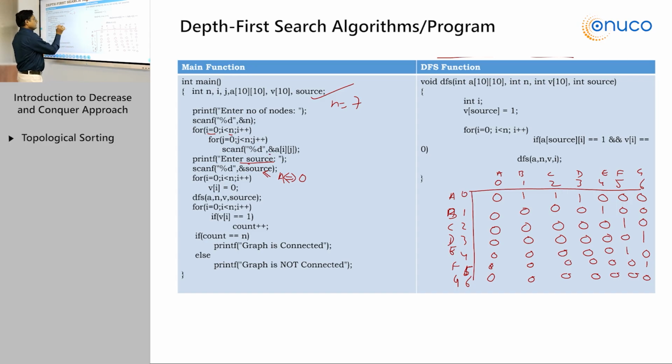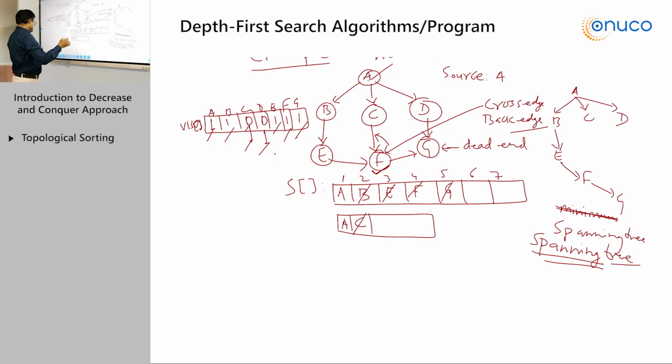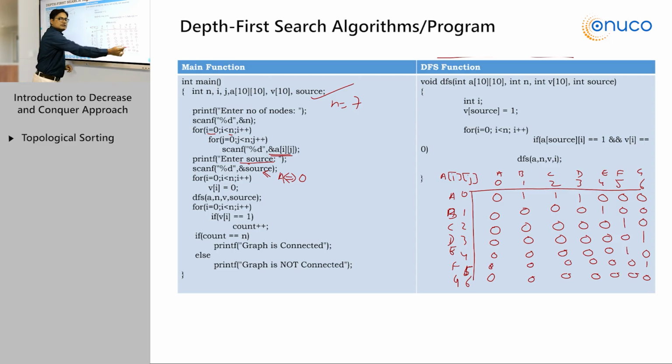So A of ij, basically this is A of ij, we have read it. So we have to give the input in the form of adjacency matrix. Remember that here is a graph. This graph is converted into the adjacency matrix. Now what are we going to write?